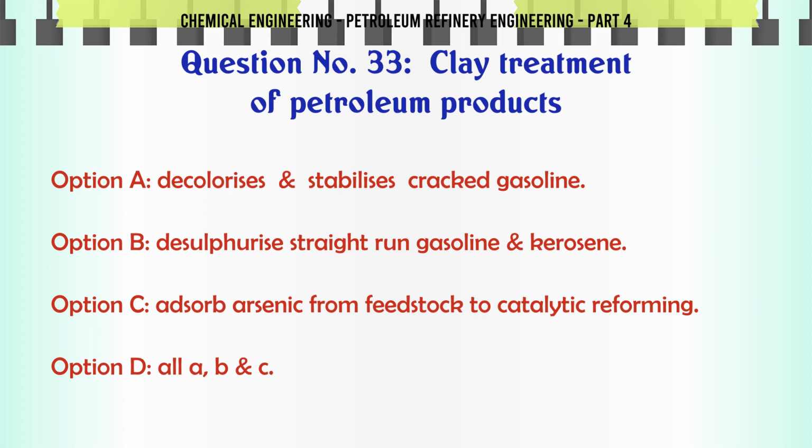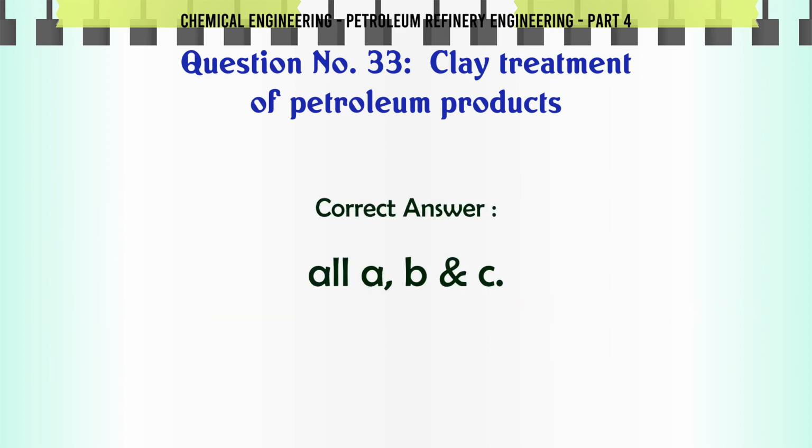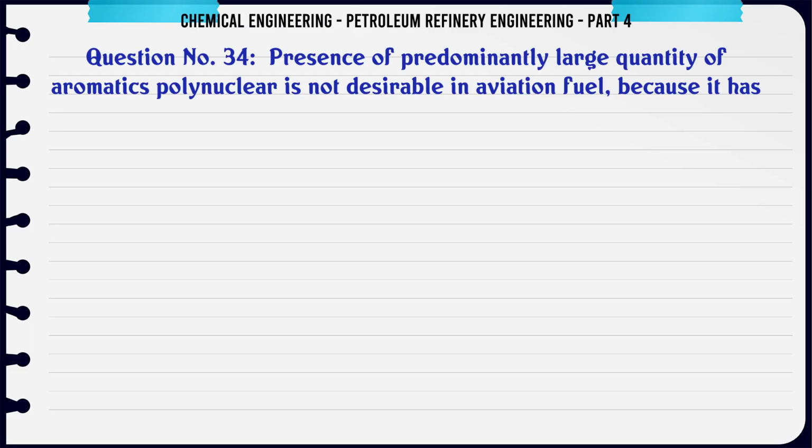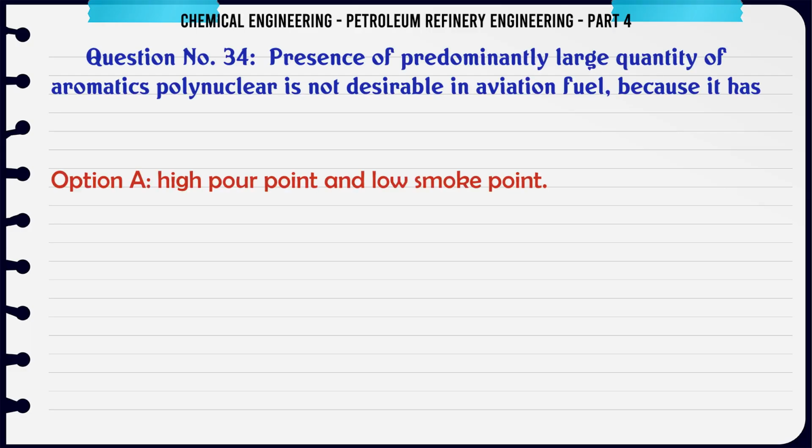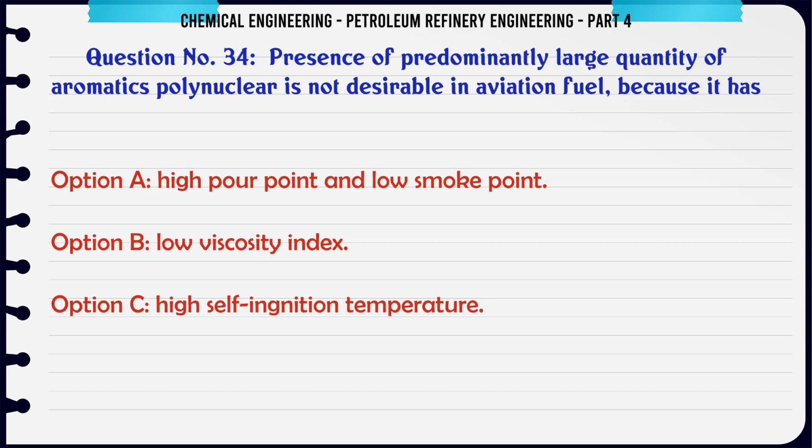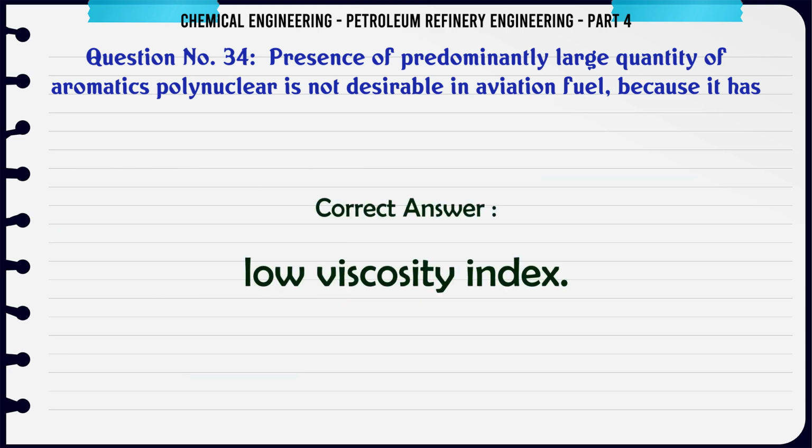D. All A, B, C. The correct answer is all A, B, C. Presence of predominantly large quantity of polynuclear aromatics is not desirable in aviation fuel because it has A. high pour point and low smoke point. B. Low viscosity index. C. High self-ignition temperature. D. All A, B, and C. The correct answer is low viscosity index.